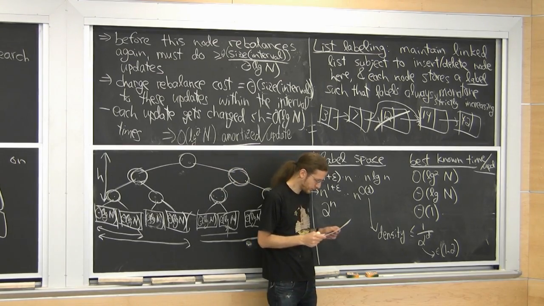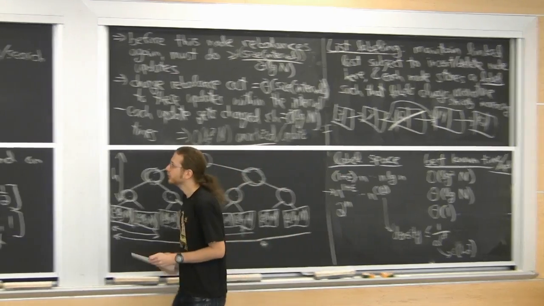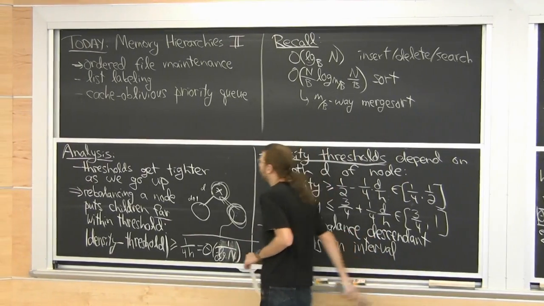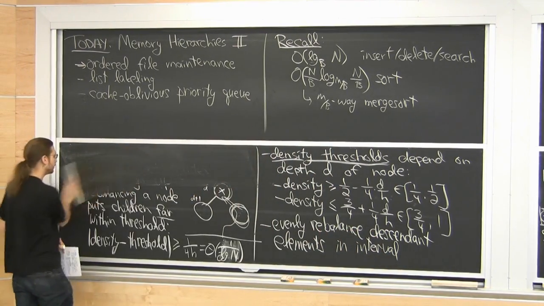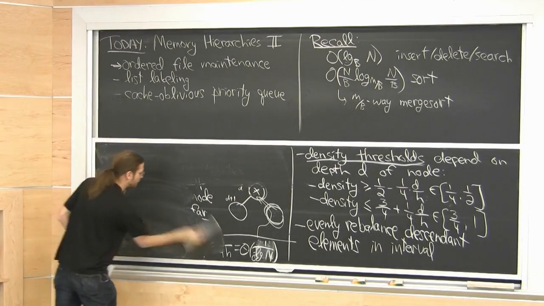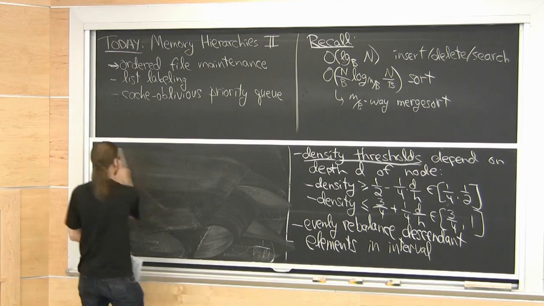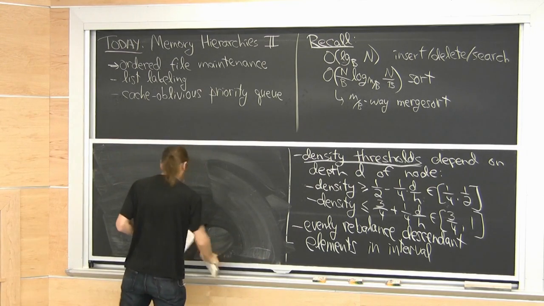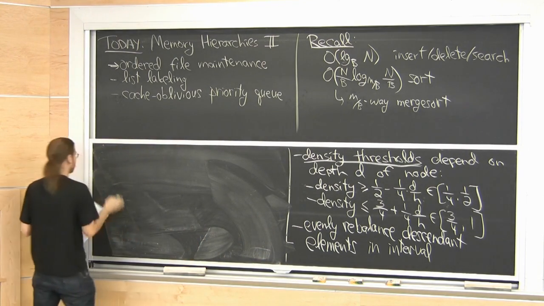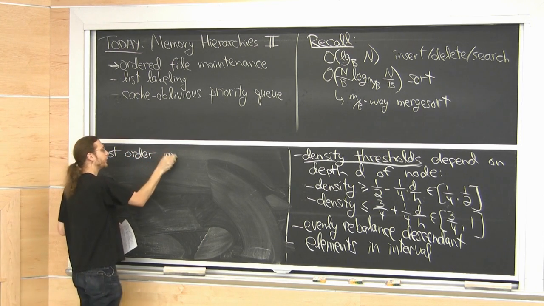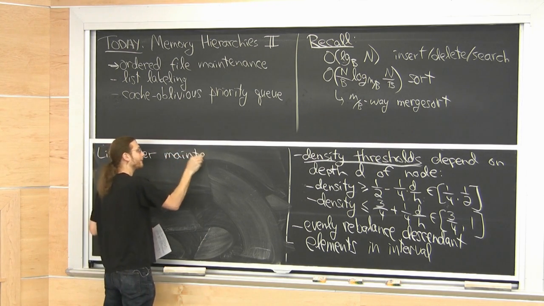Okay, cool. Now let me tell you about another problem building on this. This is the list order maintenance problem, and this is the problem we saw in lecture 1.